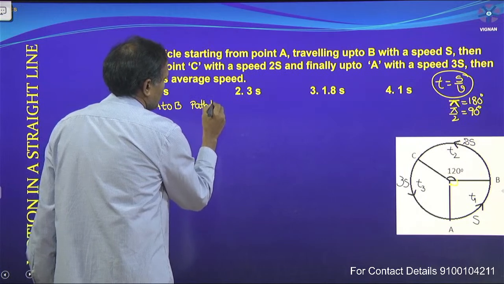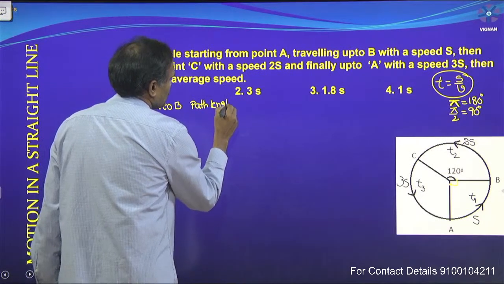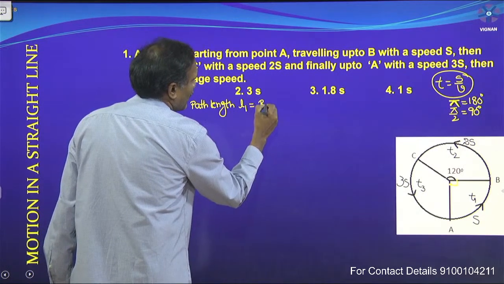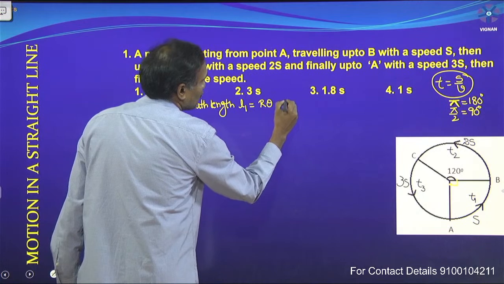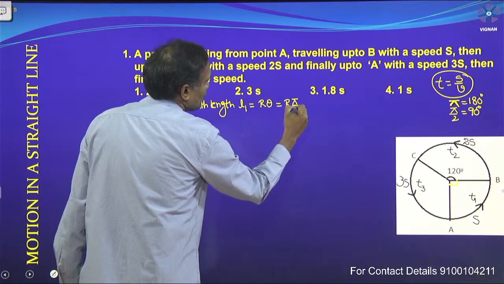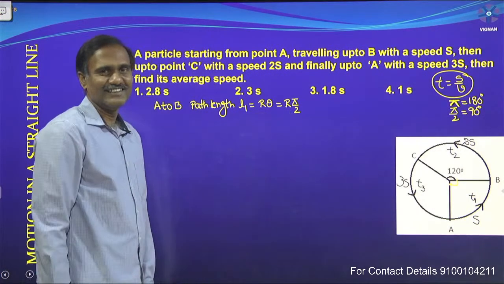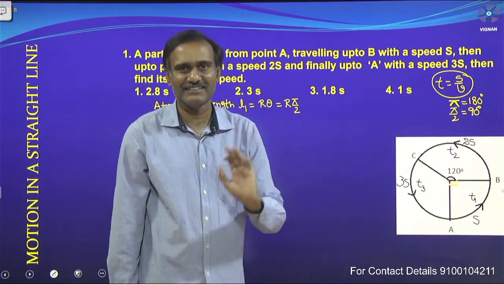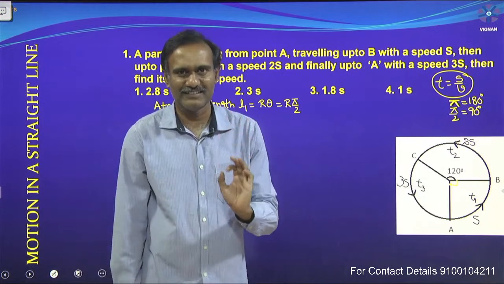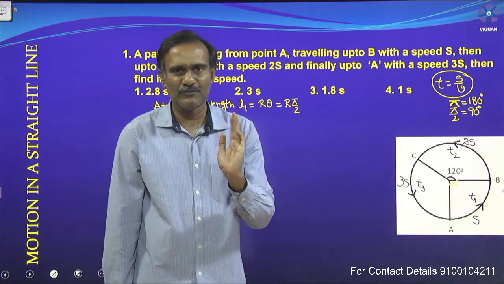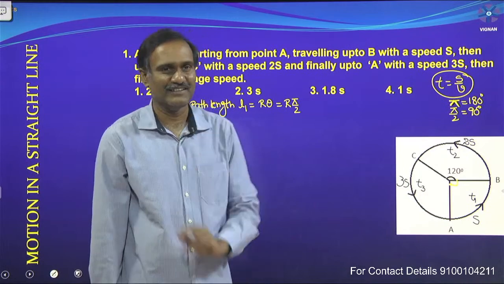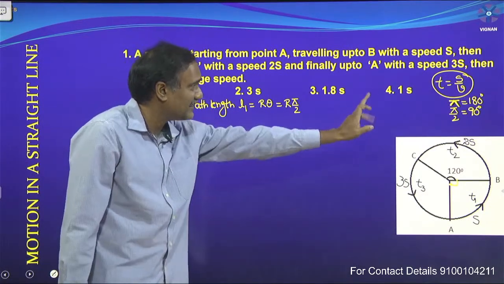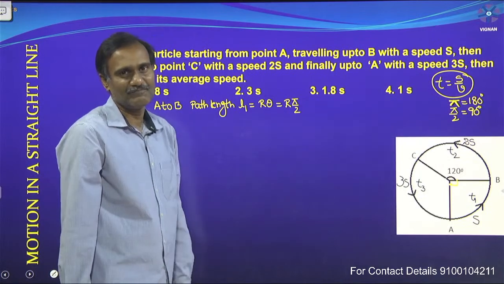I am assuming it as L1 is equal to R into theta, that is equal to R into pi by 2. Already we discussed that the angle should be substituted in radians. In SI units, the unit of angle is radian. So, I want to substitute it in terms of radians, nothing but pi by 2. 90 degrees is nothing but pi by 2 radians.